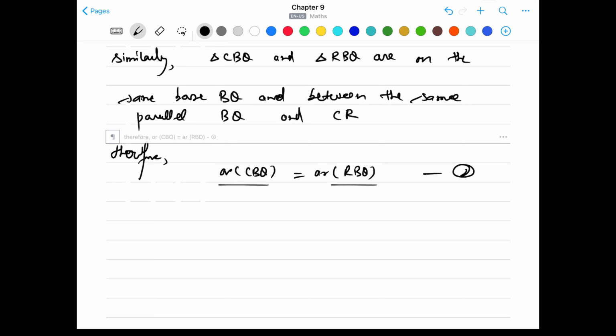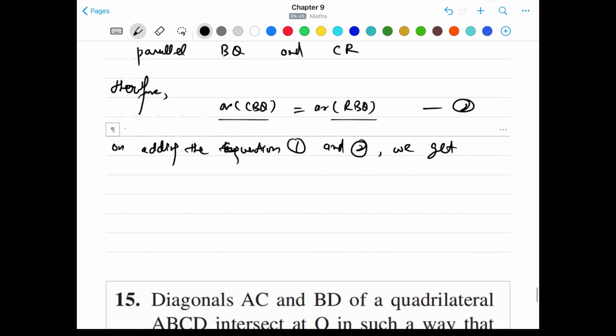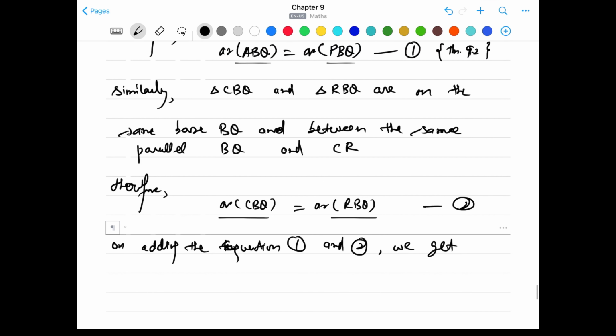Okay, so we'll write: on adding equations 1 and 2, we get, adding the respective sides of the equations, the area of triangle ABQ plus the area of triangle CBQ from equations 1 and 2. On the other side we will write the area of triangle PBQ plus the area of triangle RBQ.